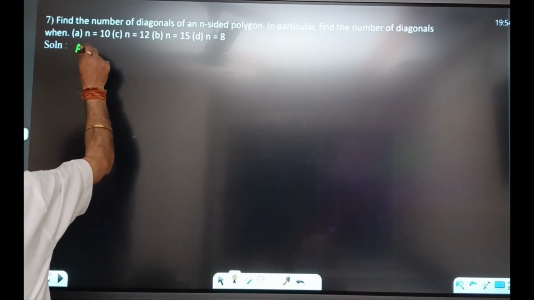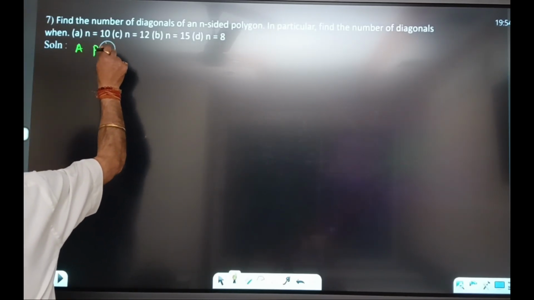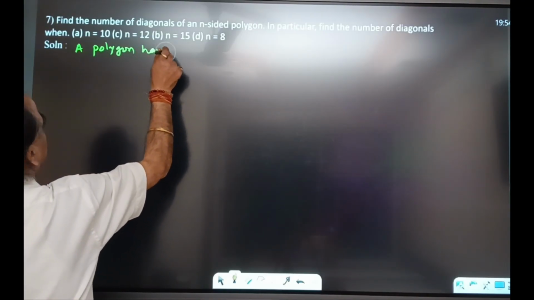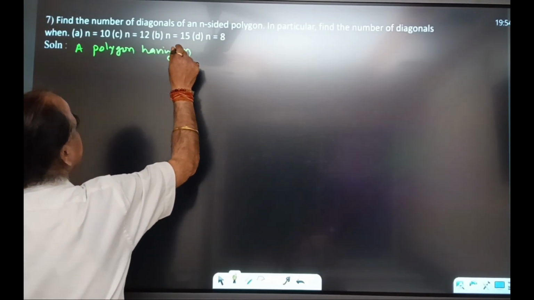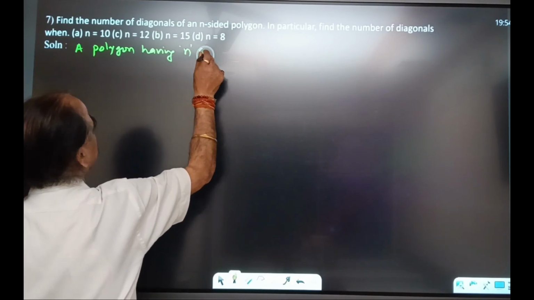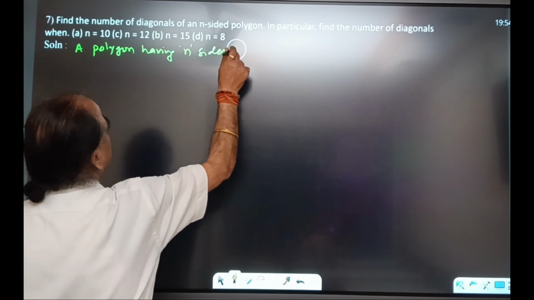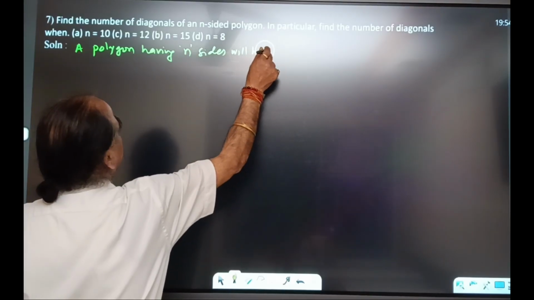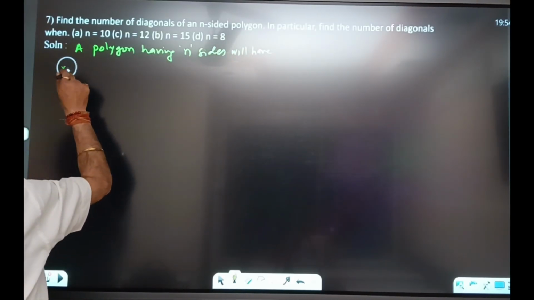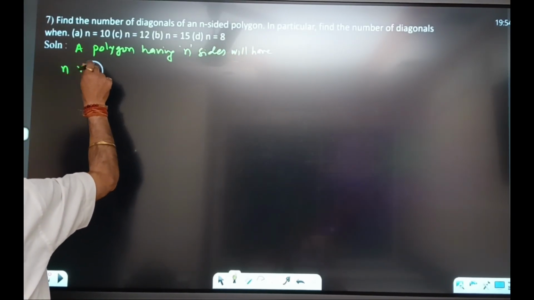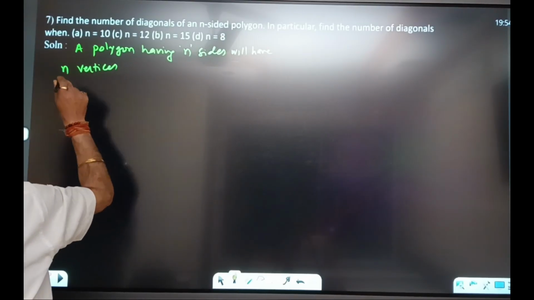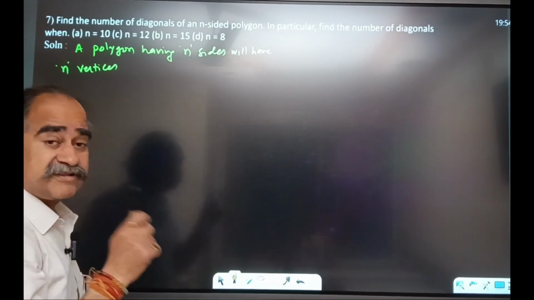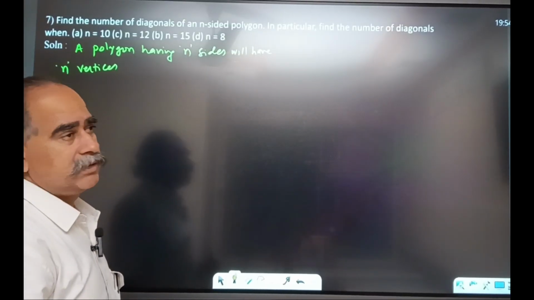A polygon having n sides will have n vertices. Now, how many total segments can we draw?